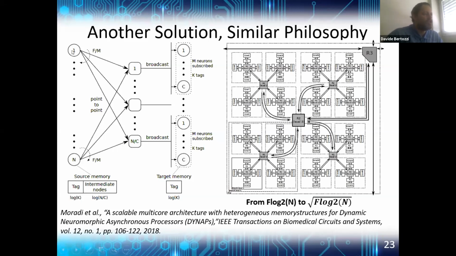So as you can see here, each neuron is not connected to any other neuron. It has a limited fan-out. So this limited fan-out is not accessing the destination neurons directly, but it is accessing intermediate points, intermediate routers. And through these intermediate routers, the spikes can be broadcast to a local cluster of neurons. And at most, M, a subset of these neurons, can be subscribed to this source neuron. So there are limitations in the connectivity and in the subscription capability.